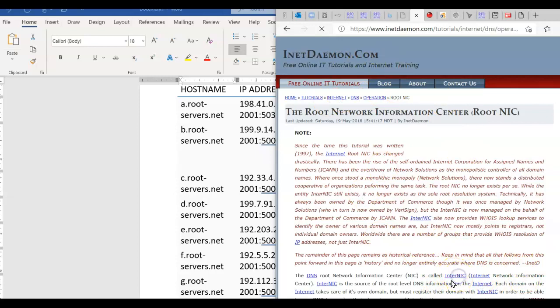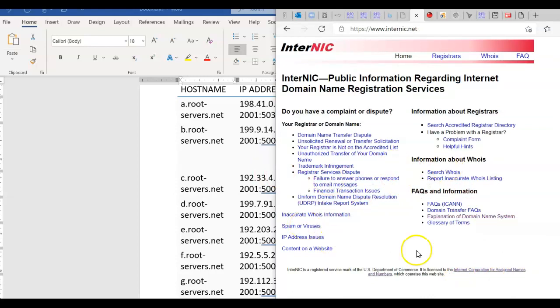These are assigned by a group called Internic, and I should be able to get a hold of one of them. I'm not having much luck. Let me see. That isn't what I want. Let me see if I can find it. That's the top level. That's not what I want. Nope. I may have actually somehow gotten rid of it.